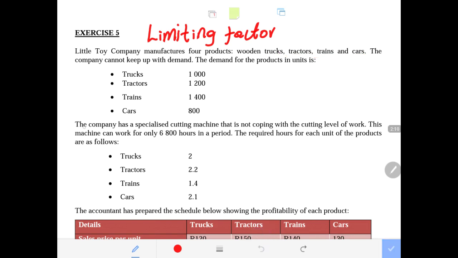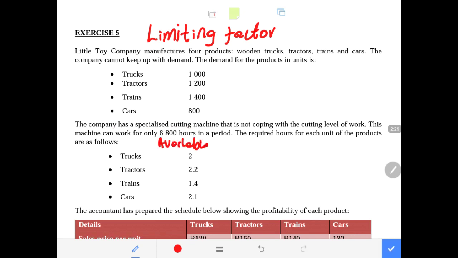It further says that the company has a specialized cutting machine that is not coping with the cutting level of the work, and this machine can work for only 6,800 hours. These are the available hours.